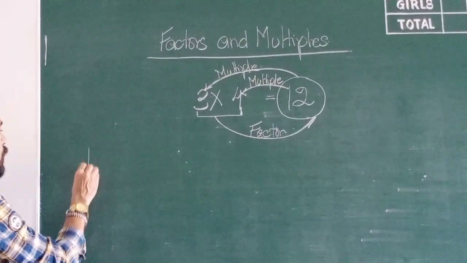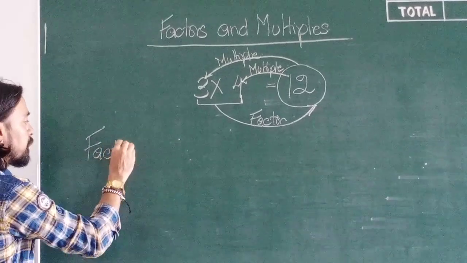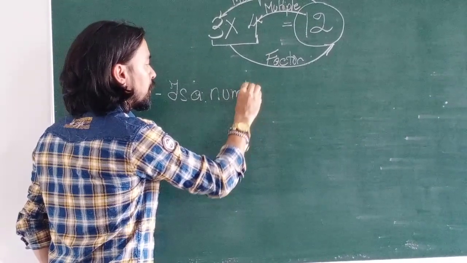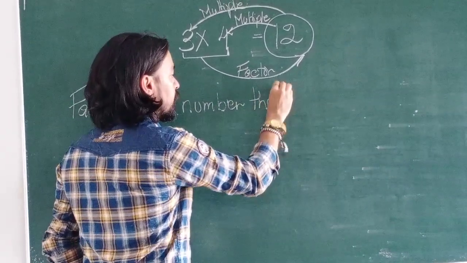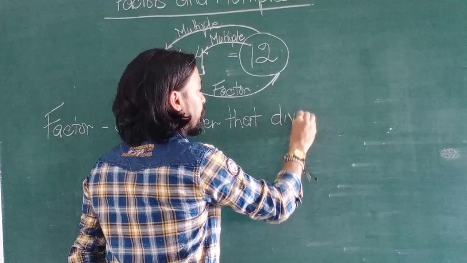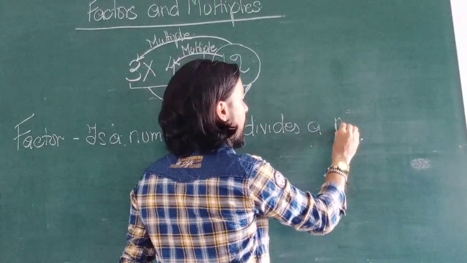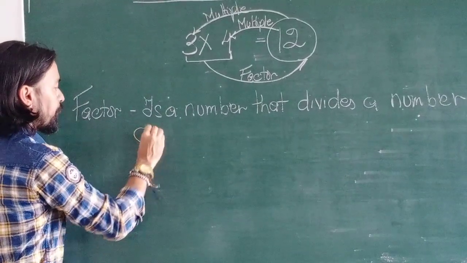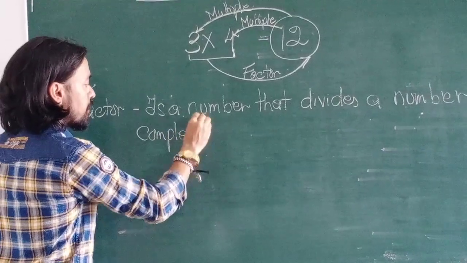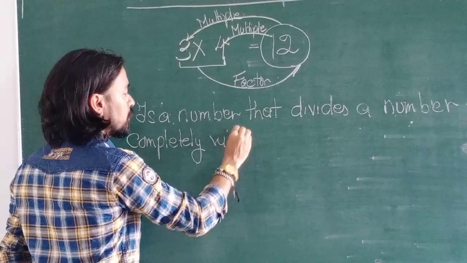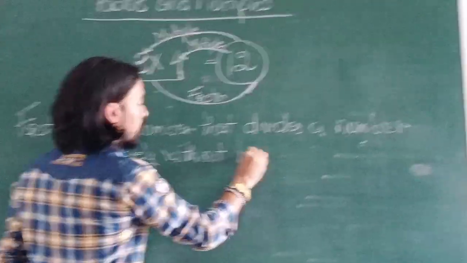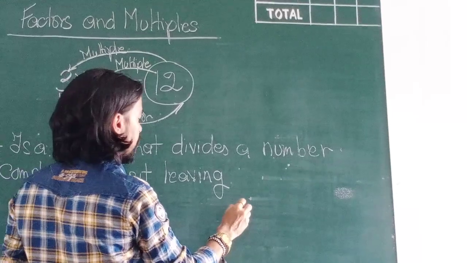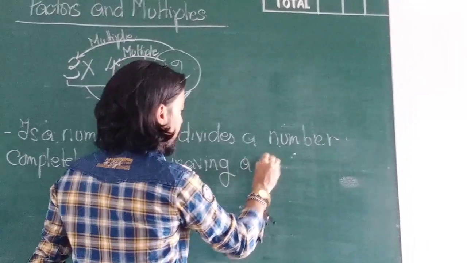So I come to the conclusion that a factor is a number that divides a number completely without leaving a remainder.